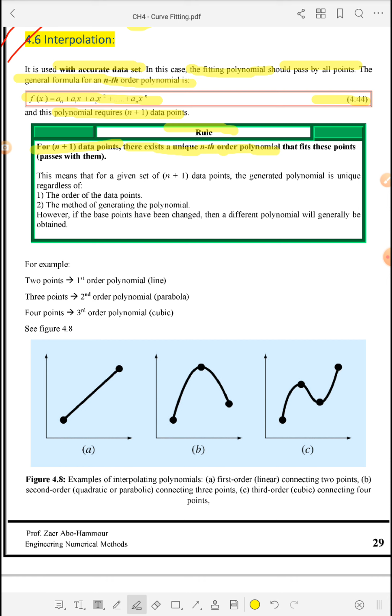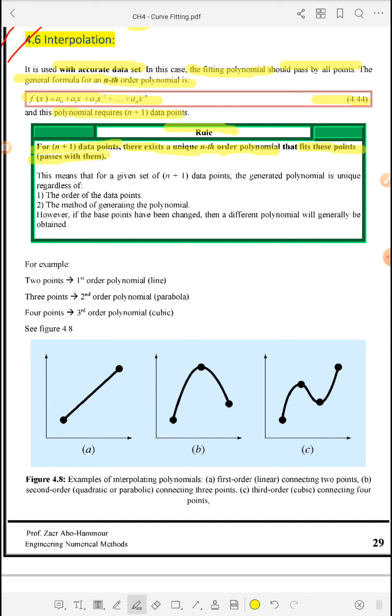The number of data points should be 1 higher than the order of the interpolating polynomial. And for n plus 1 data points, there exists a unique nth order polynomial, and this polynomial fits those data points. What does this mean? This means that it should pass through all of the data points.